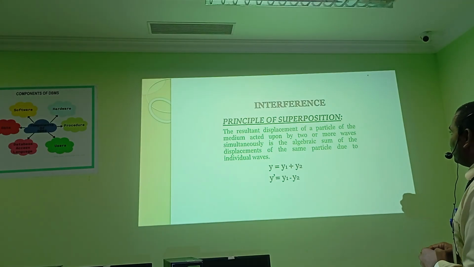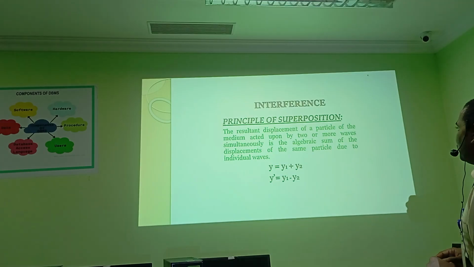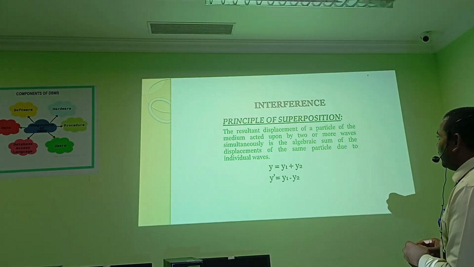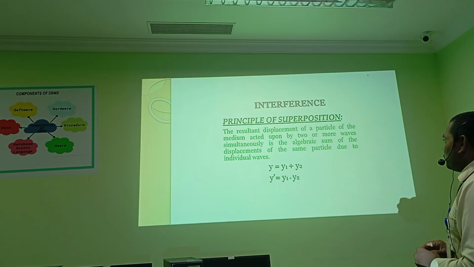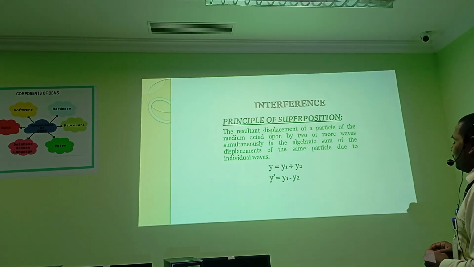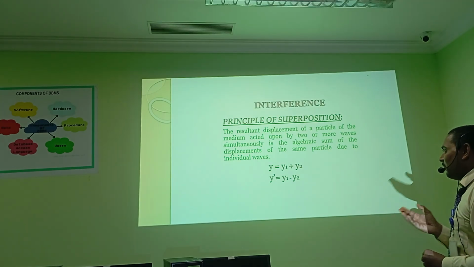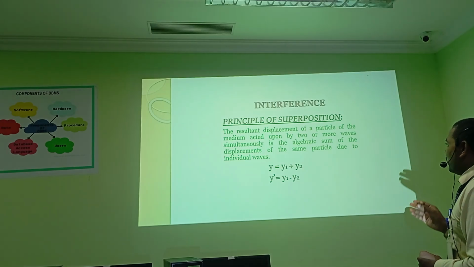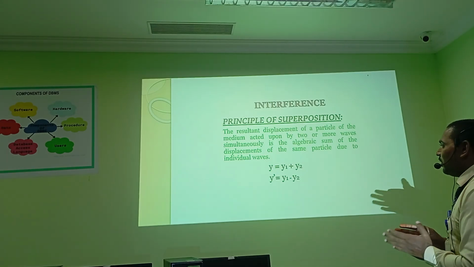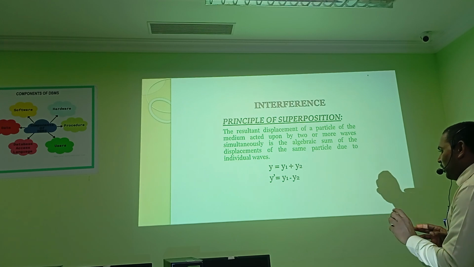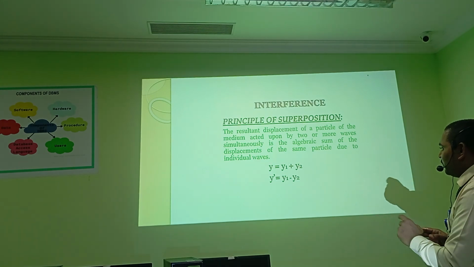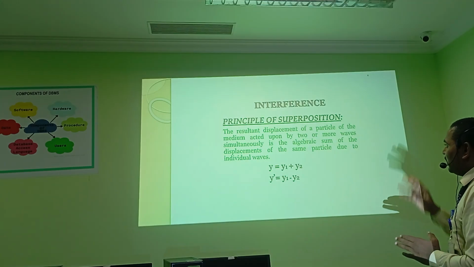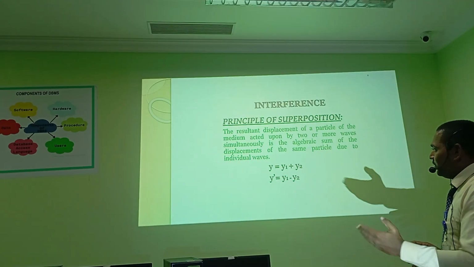The resultant displacement of a particle of the medium acted upon by two or more waves simultaneously is the algebraic sum of the displacements due to the individual waves, with the same amplitude or intensity and wavelength. If one wave is y1 and the second wave is y2, then y equals y1 plus y2. That is the principle of superposition.